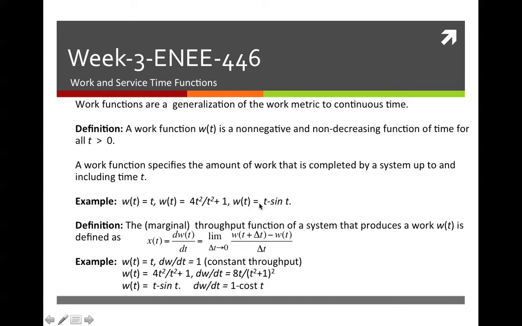So these are work functions that are non-negative, and they are also non-decreasing. And you can check that simply by taking the derivatives and showing that the derivatives of all these functions remain positive for all t greater than 0.